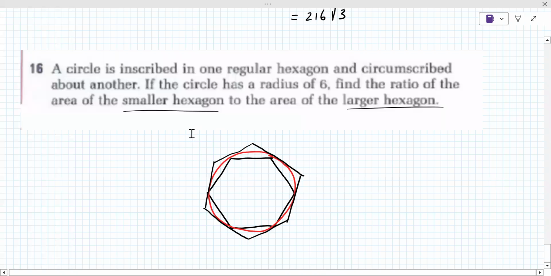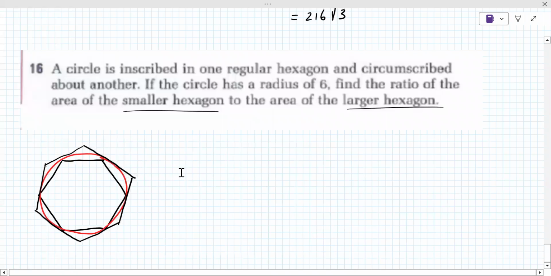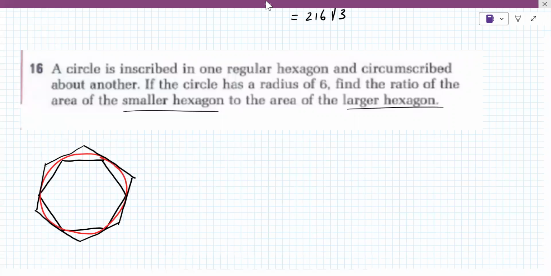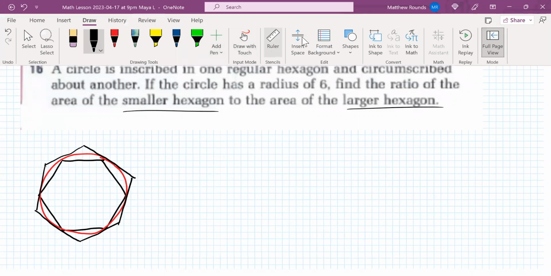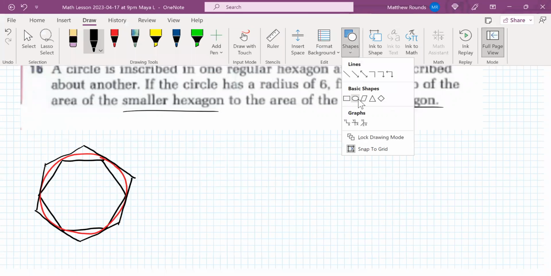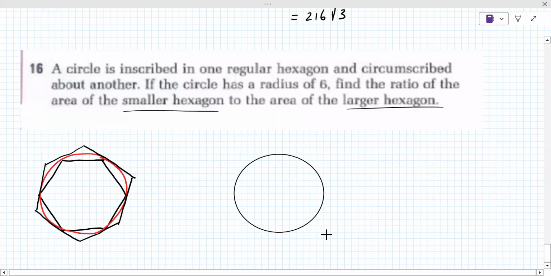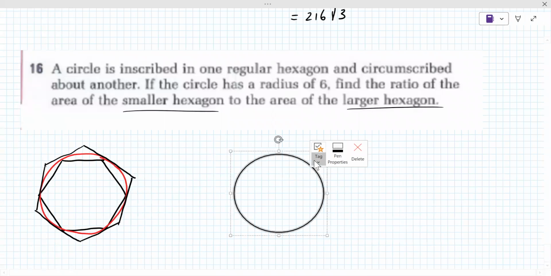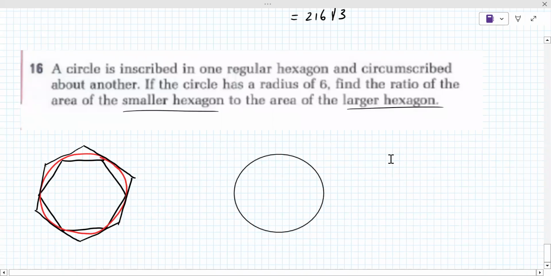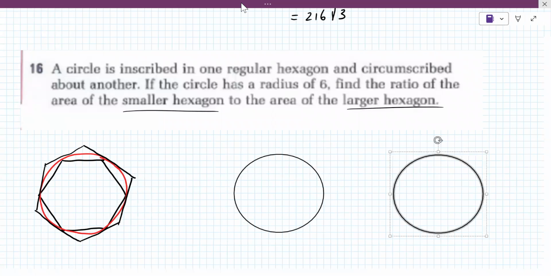So what you might consider doing is drawing the 2 of them separately. So I'll try to do that here because I can actually draw a nice circle like that. And then I can copy this here. And then we can have the larger and then the smaller here.